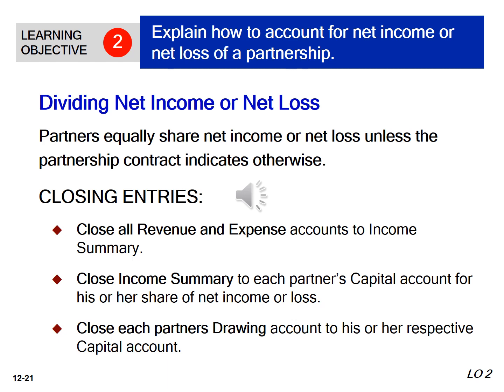We do this when we do our closing entries. So we close all the revenue and expense accounts to income summary as normal, and then close income summary to each partner's capital account for his or her share of net income or loss. And finally, close each partner's drawing account to his or her respective capital account.